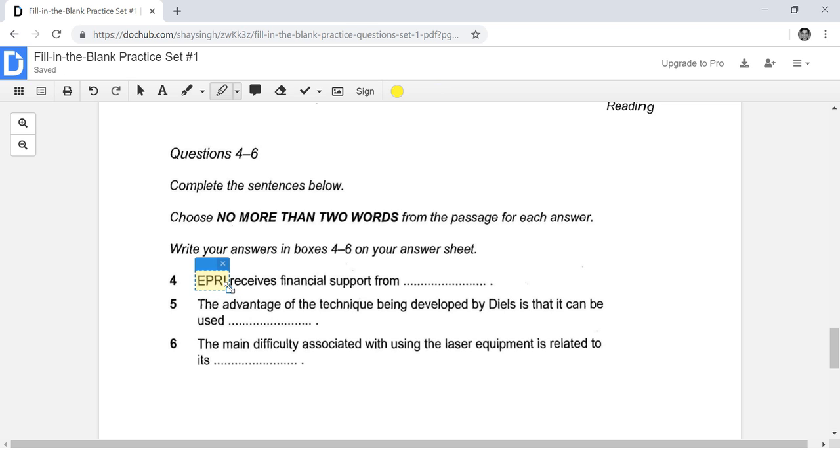EPRI is our first keyword. It's going to be very easy to find this word. It seems to be an acronym for some larger word. This one is also going to be easy to find.